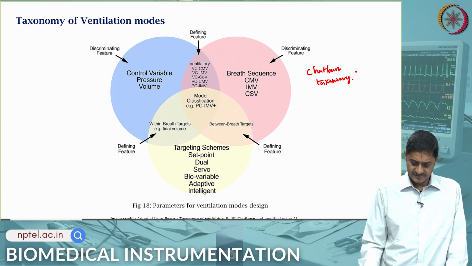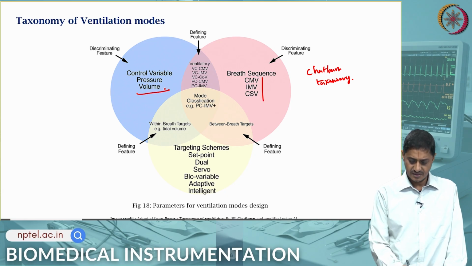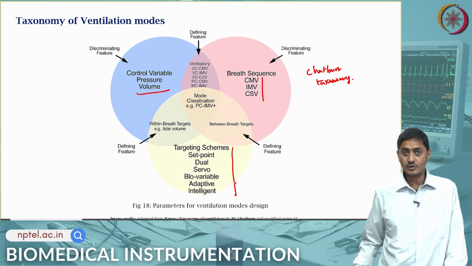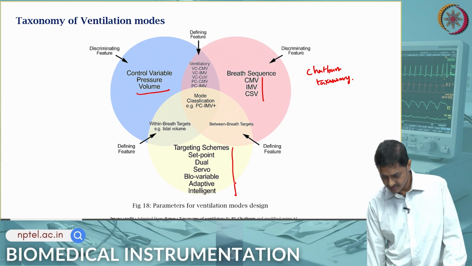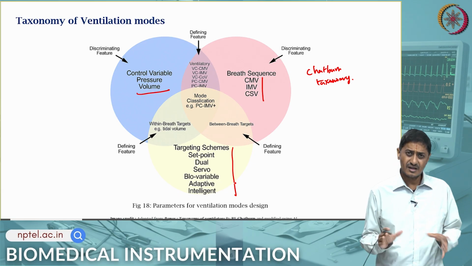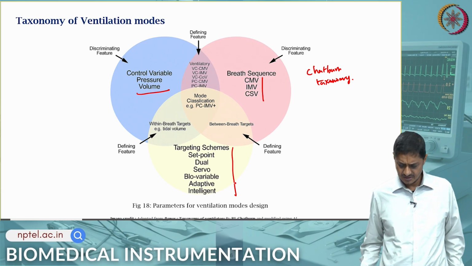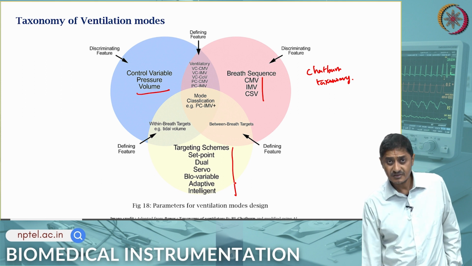What are the various types? These are the breath sequences. These are the control variables. These are the control schemes. Right. And there are combinations of these. So, there are overlaps in this Venn diagram, essentially overlaps between several possible approaches and dimensions.